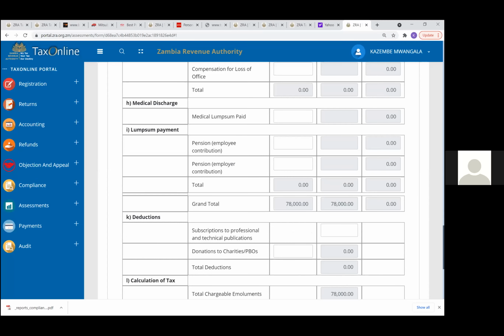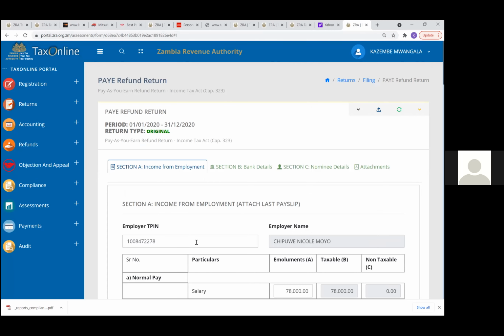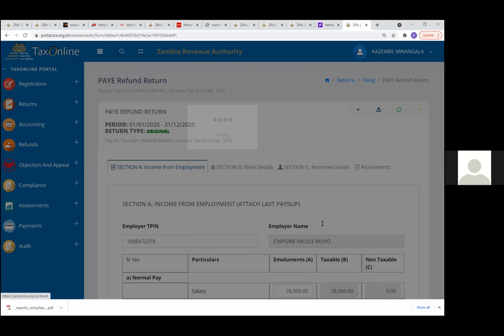But still, like I said, the first part is not mandatory. So all you need to put is the TPIN. You can leave the rest blank if you don't know how to fill it, but the ZRA employee assessor will fill it in for you. When it comes to attachments, it's up to you to read what is required.